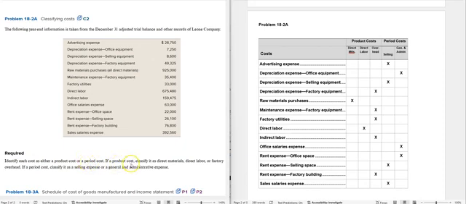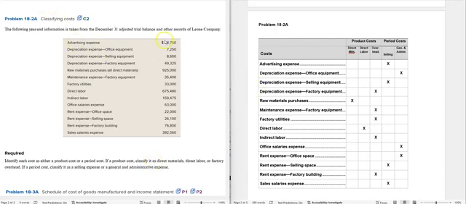If it is a product cost, they want us to further classify it as a direct material, direct labor, or factory overhead. If it is a period cost, we are going to further classify it as either a selling expense or a general administrative cost.